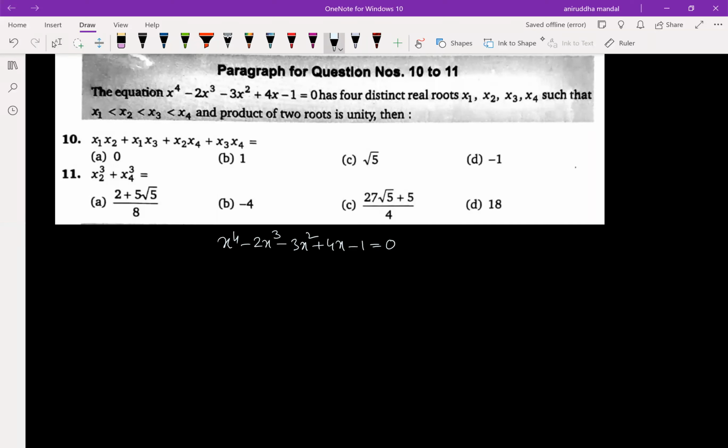We have to find the values of x1, x2, and similarly for the next question. So what we can do is divide this expression by x square. We'll get x square minus 2x minus 3 plus 4 by x and minus 1 by x square.